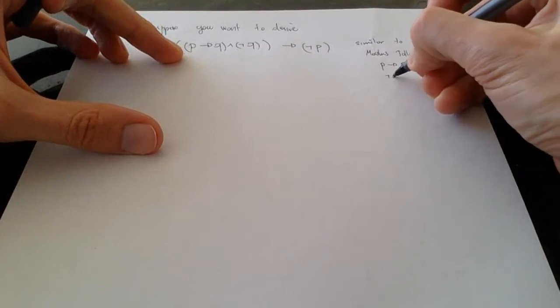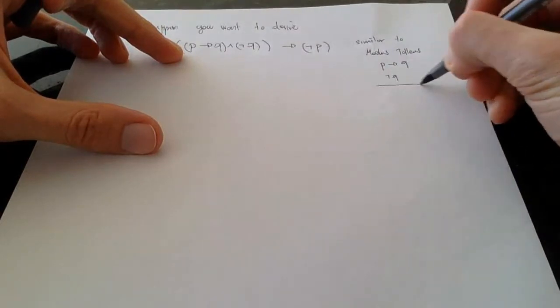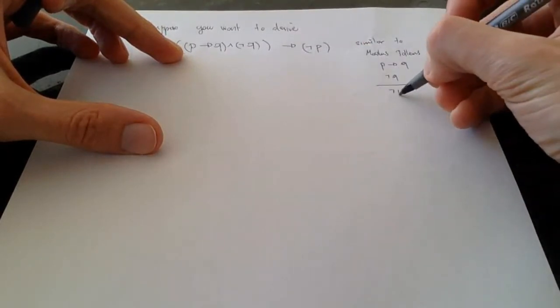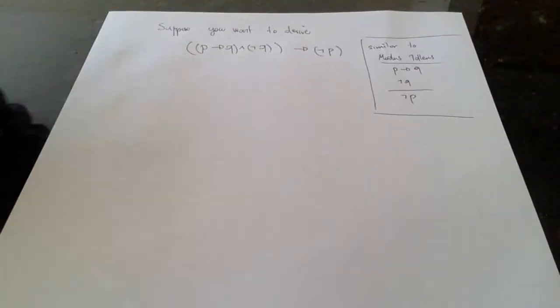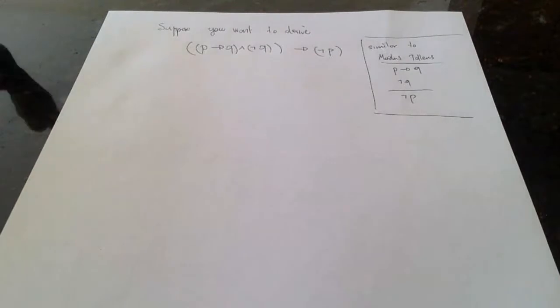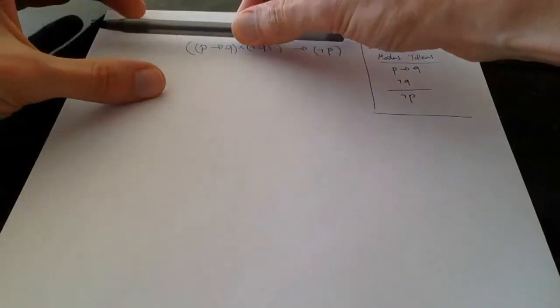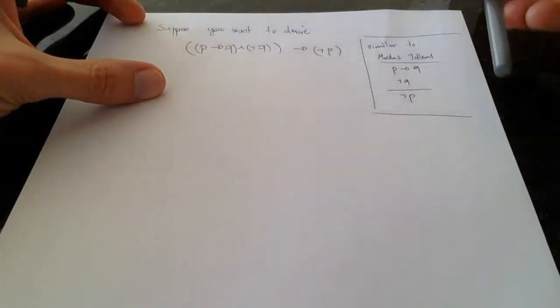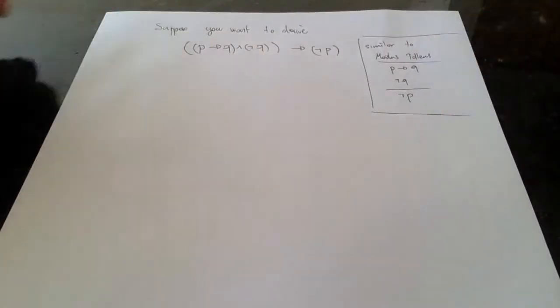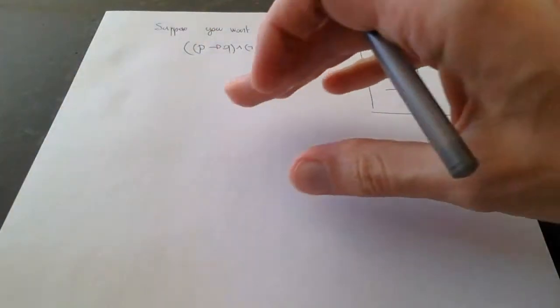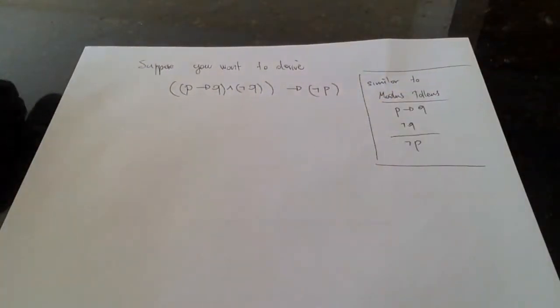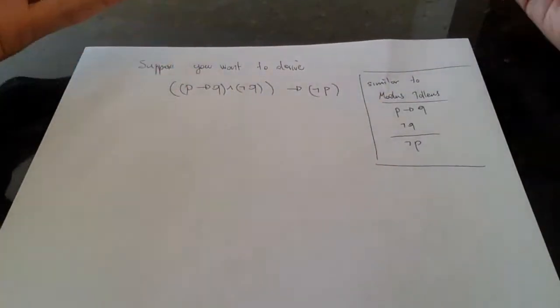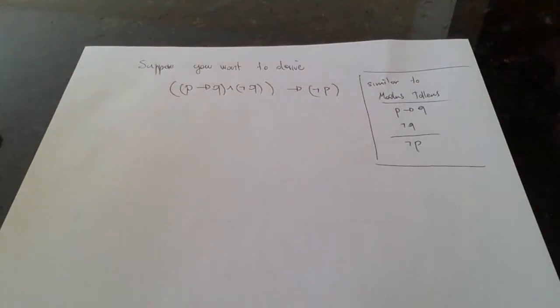Then we're saying not Q, and then we say therefore not P. This is Modus Tollens. So this formula is essentially a horizontal version of Modus Tollens, which is vertical, but they're very similar. So how can we go about deriving this formula?